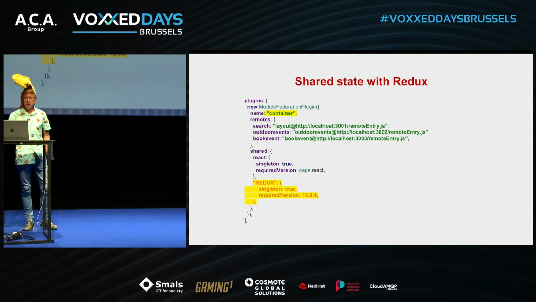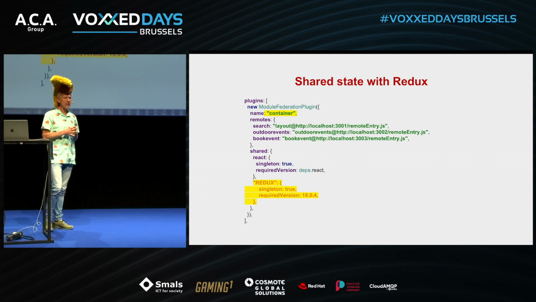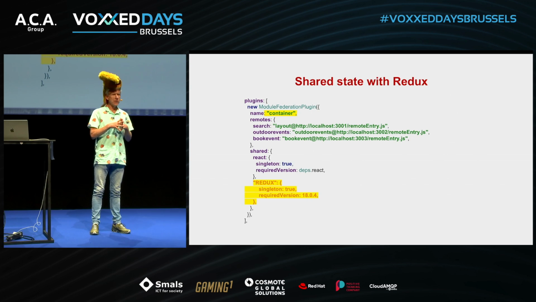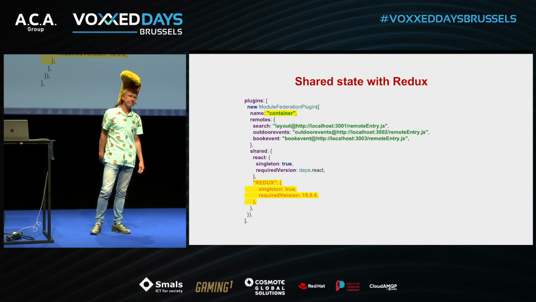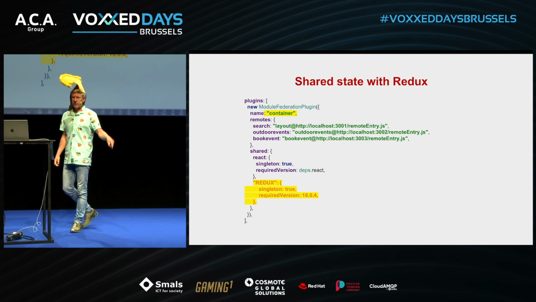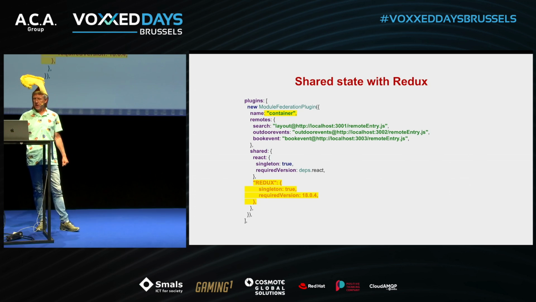Here you see an example of how you define a Redux shared library to set up the shared communication. You define it in your container micro frontend, and in the shared part of the configuration you define your Redux dependency.